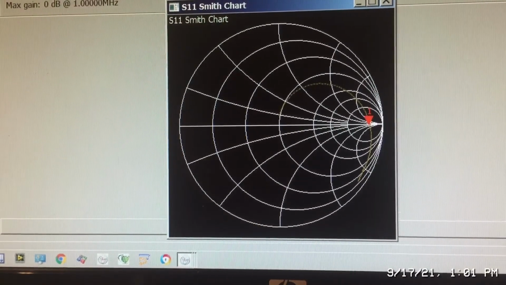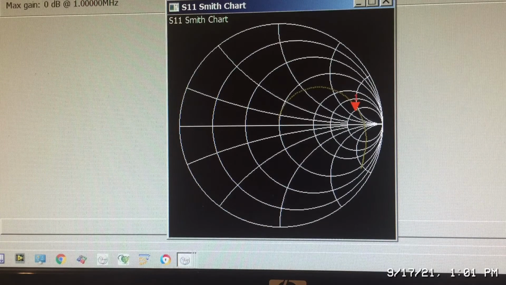So I'm going to just gradually lower the inductance. We have to give the software just a few seconds to update. There you can see it's starting to move toward the center of the chart, and it's rotating in the counterclockwise direction. Now we'll reduce it a little further.